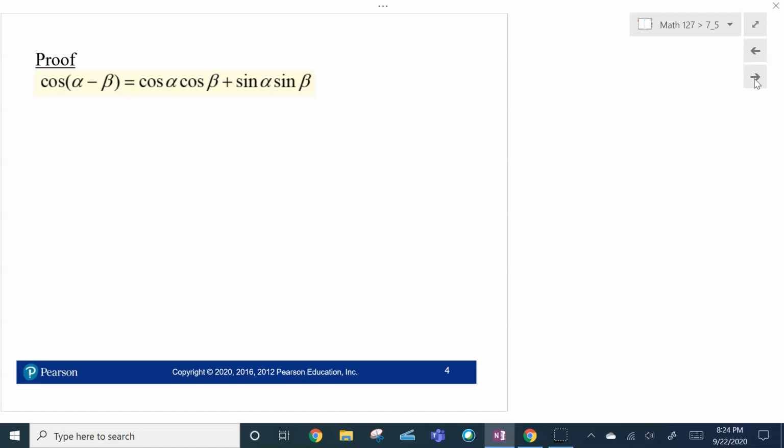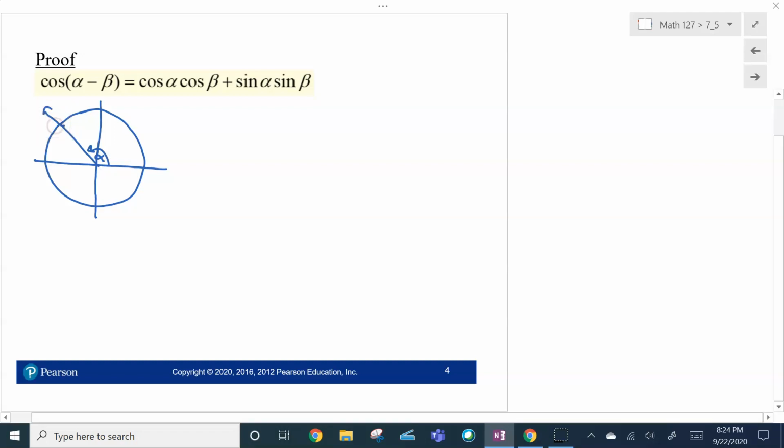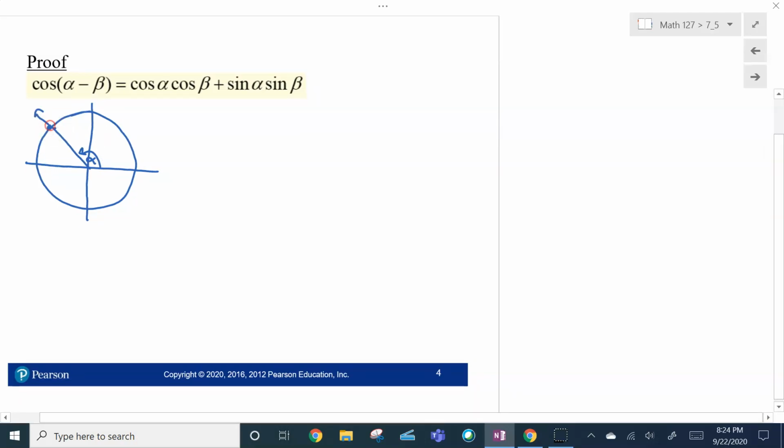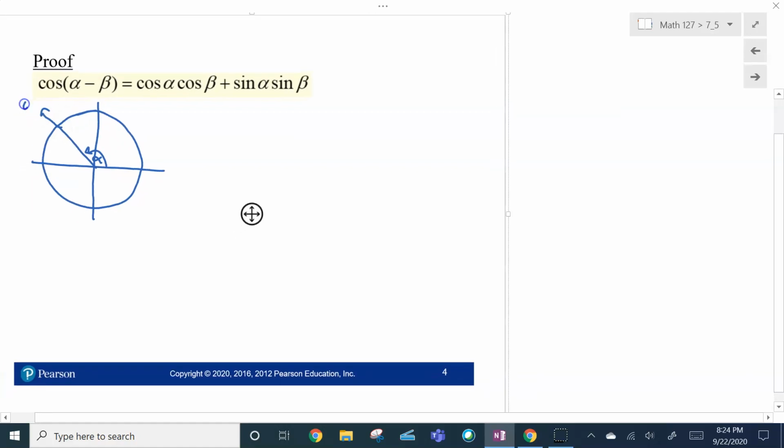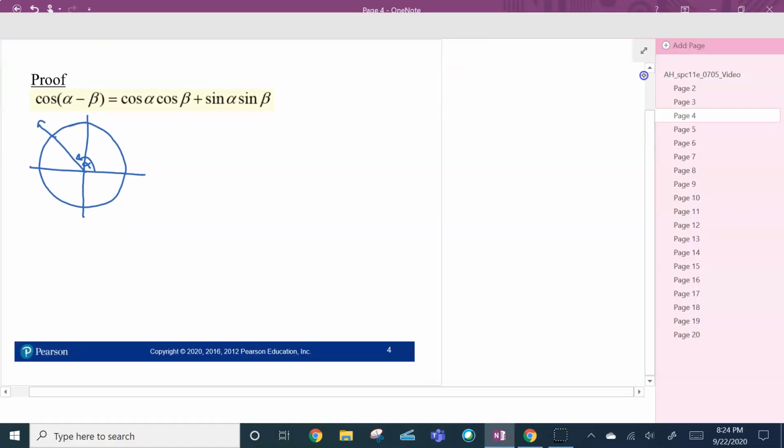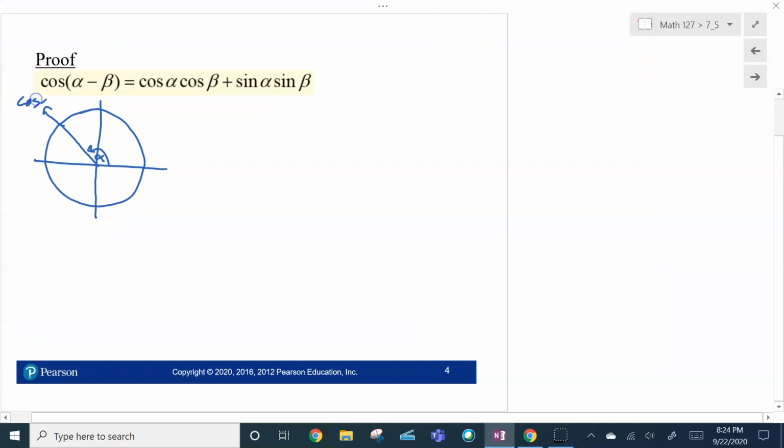If you can imagine taking the unit circle for a minute, and let's say we had an angle alpha, and so its point right here would be cosine alpha, sine alpha.